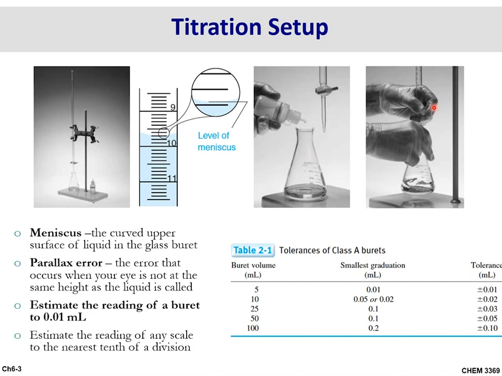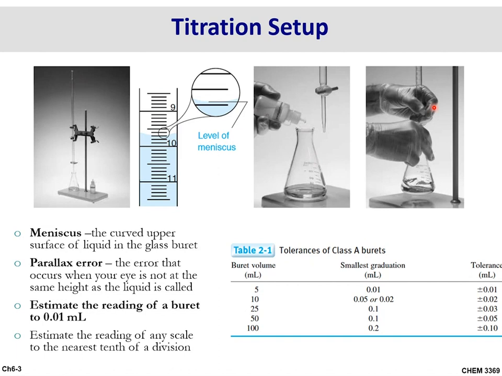Now, at the beginning of the titration, it is usually a good idea to add the titrant rapidly, so you don't have to add a drop at a time at the beginning of the titration, especially if you approximately know the endpoint.